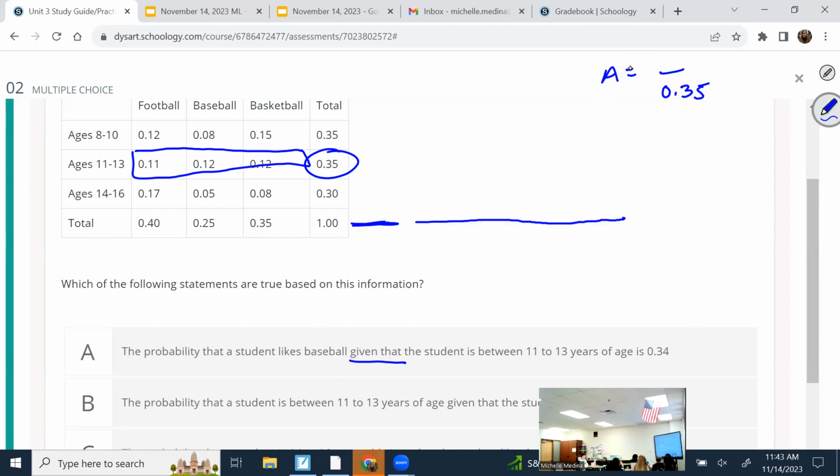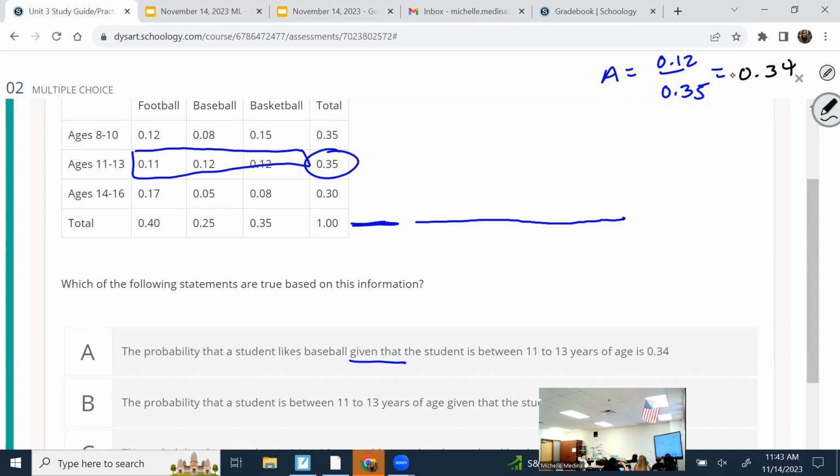So what would I put? So baseball kids. So I need to divide that out, and if it equals 0.34, then that would be true. So let me see. 0.12 divided by 0.35 is 0.34. Did I already find my answer?